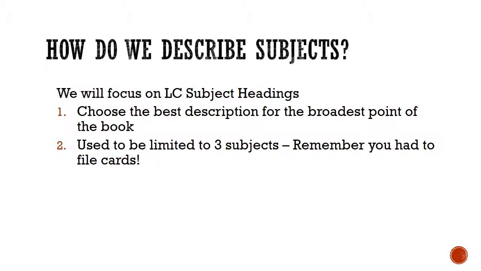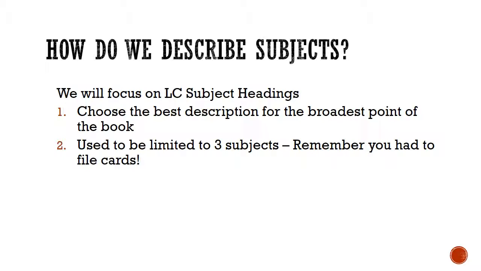So how do we give patrons intellectual access to a book? What the book is about? In library and information studies, we talk about this concept of aboutness. And describing topics is based on really two items.